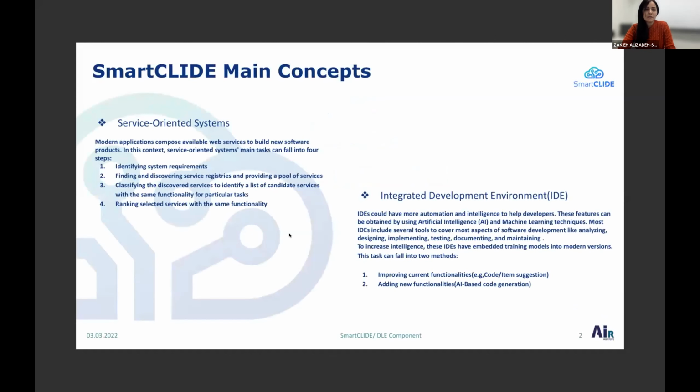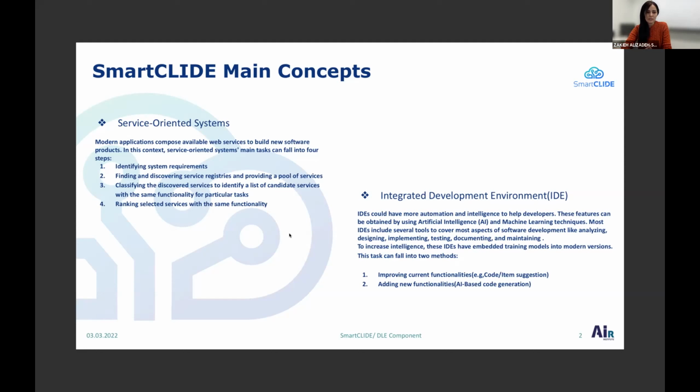At first, my colleagues in the last part mentioned the important concepts of SmartCLIDE, but from our perspective, for embedding the AI model in SmartCLIDE, we need to identify the important concepts and also the important places where we can provide automation using AI.